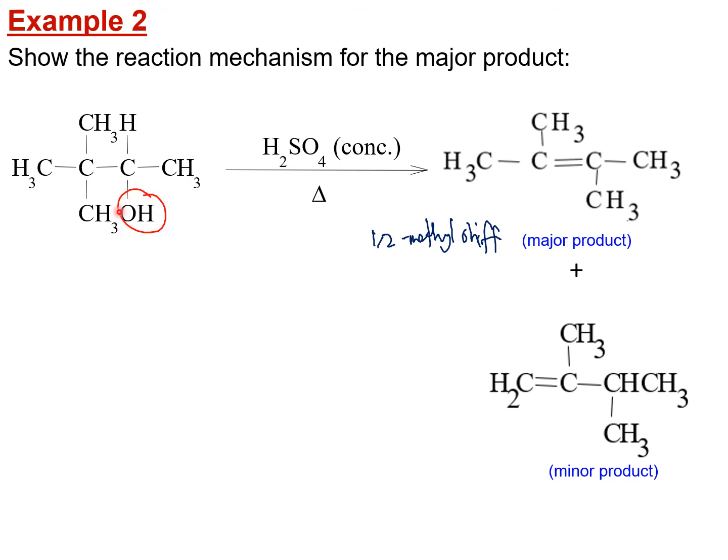When we remove the OH from here, in the reaction mechanism it will become a protonated alcohol. So when we remove this protonated alcohol, this carbon will become a secondary carbocation.